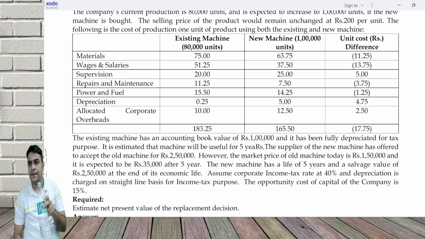Excellent question on replacement being done at CA Inter, so I don't want to spend too much time here.